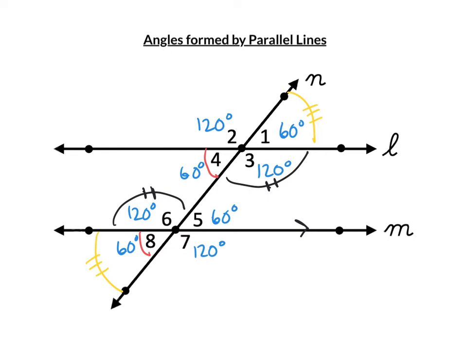They're congruent. And same side interior angles are supplementary, not congruent. So picking a pair here, we could say that the 120, angle 3, and the 60, angle 5, are supplementary. They're same side interior, and they add to 180.